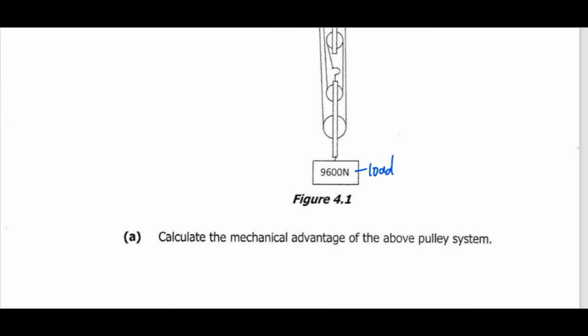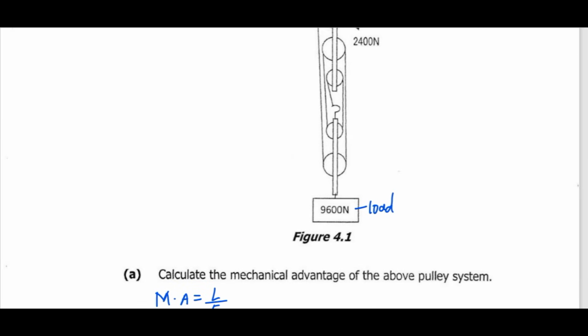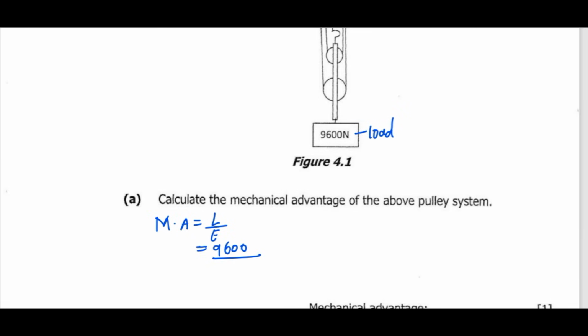So calculate the mechanical advantage. We know mechanical advantage, MA, is equal to load over effort. So the load is 9,600 over, what's our effort? Effort is 2,400. And remember, these are ratios, you don't have to put units. So my mechanical advantage is 4.